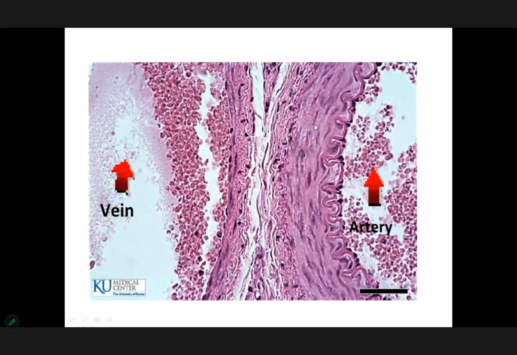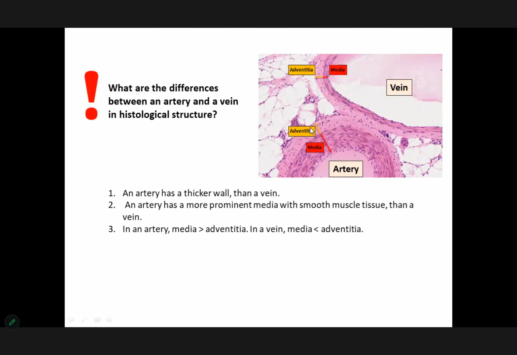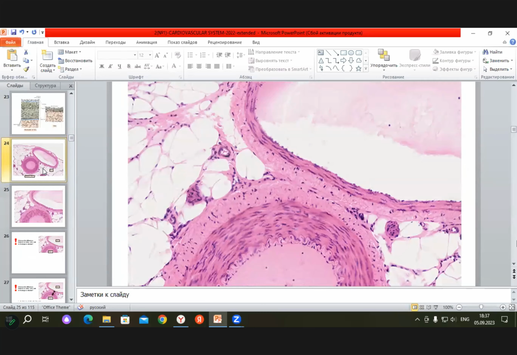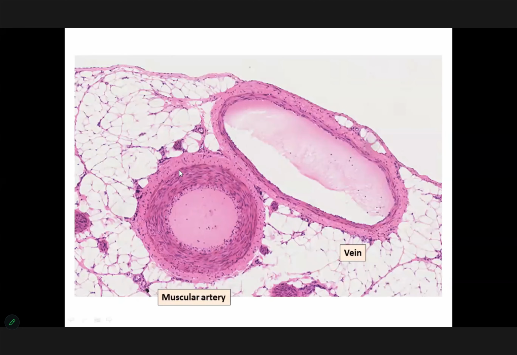Because of the smooth muscle cells of the media located outside of the internal elastic membrane. This is actually how the artery looks when it is constricted. When it is constricted, its internal elastic membrane will be such wavy.